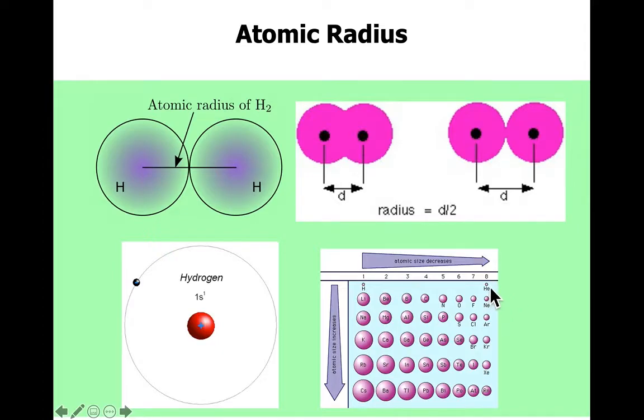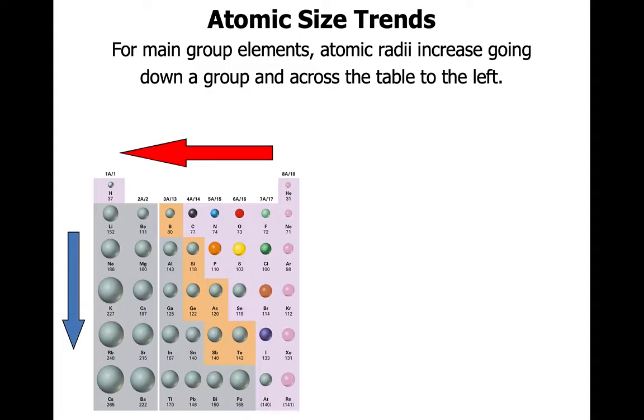And the outermost electron of helium feels a huge effective nuclear charge and stays very close to its nucleus. So here we have now the actual values that these have been measured, and so you can see what I told you is true. Helium is the smallest and cesium is the largest.